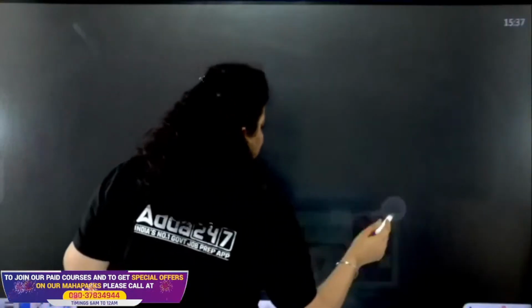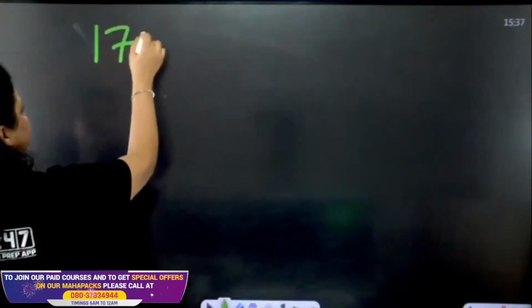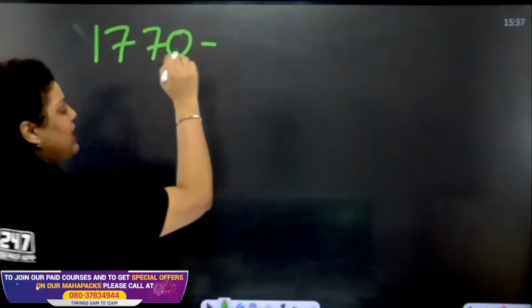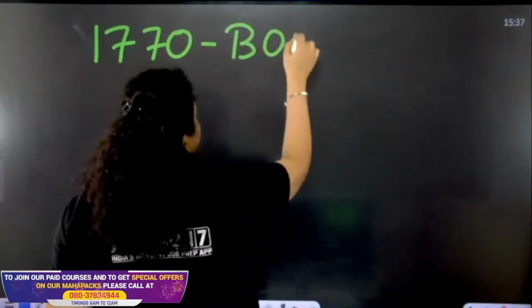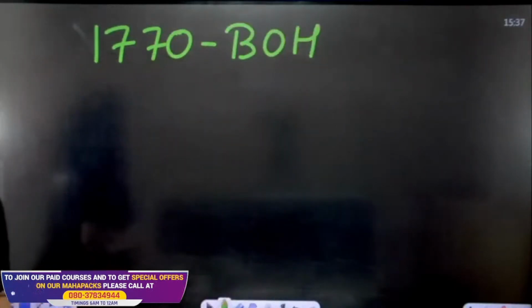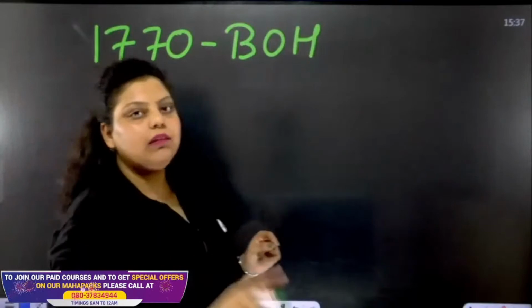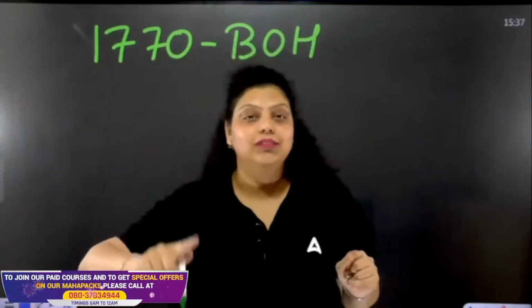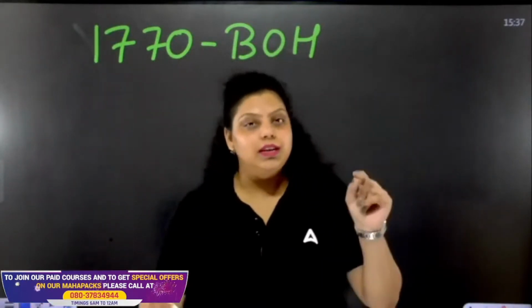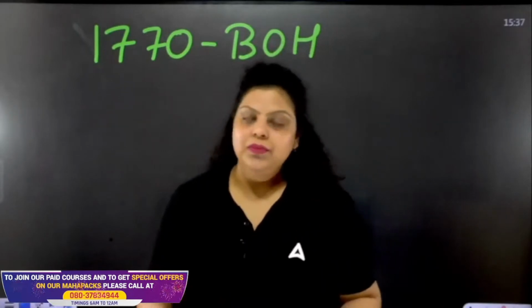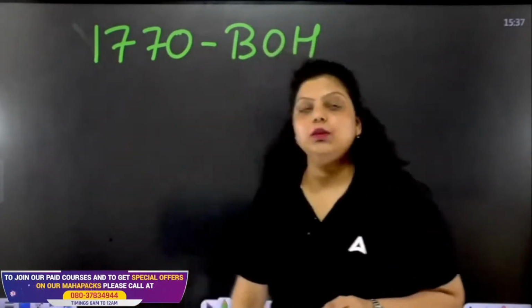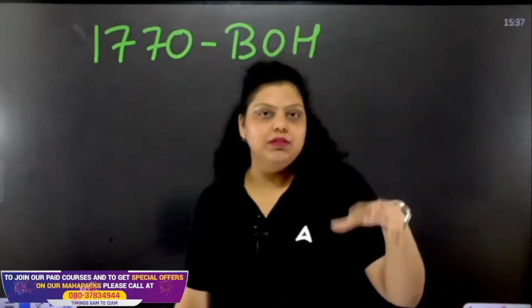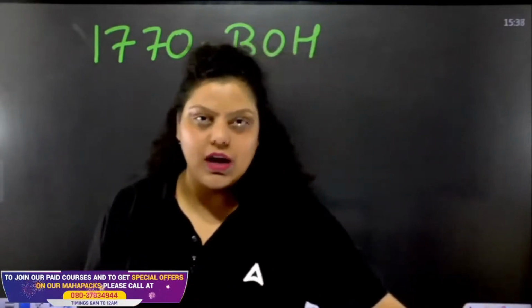First of all, in the year 1770, the Bank of Hindustan was established, and this was the first bank established in our country, with its headquarters in Calcutta. This Bank of Hindustan is the first bank which started the formal financial system in our country.